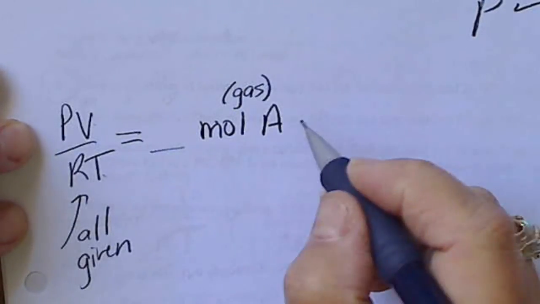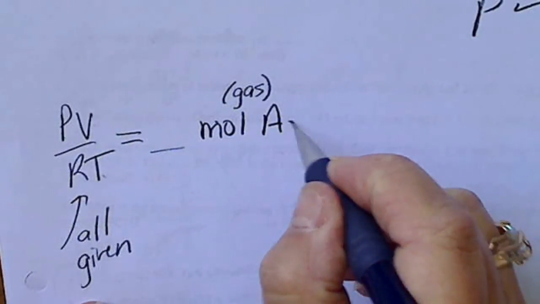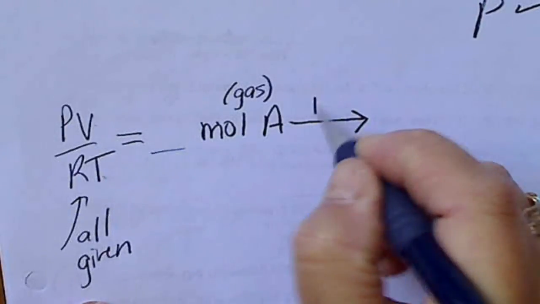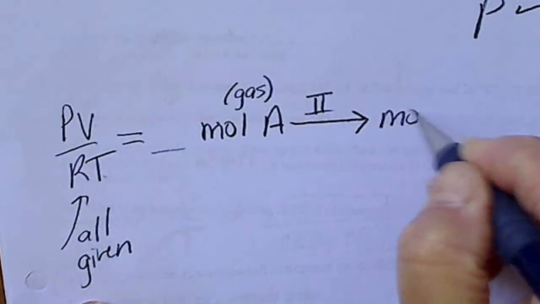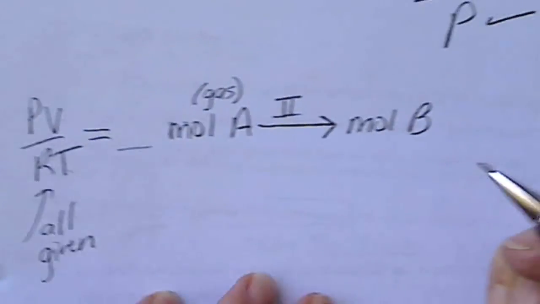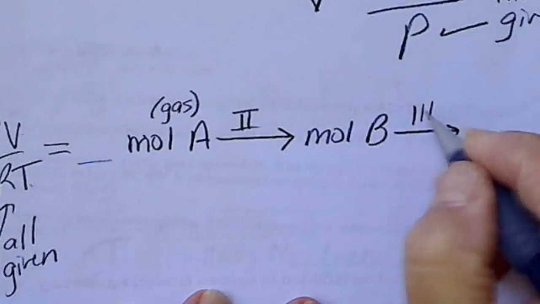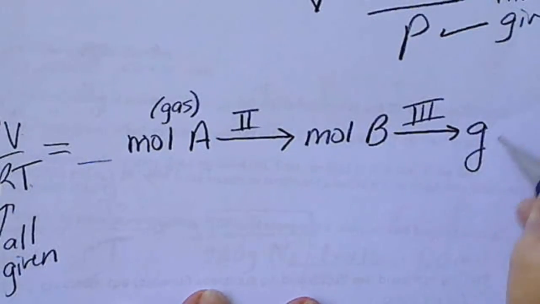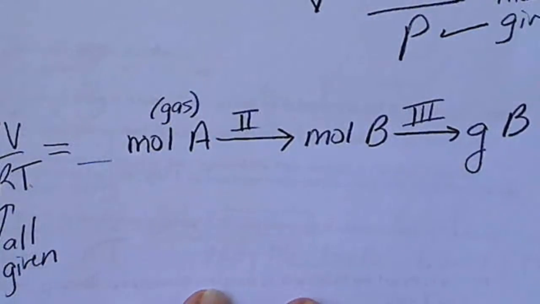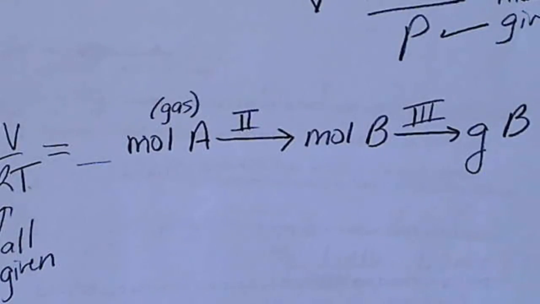So whatever that number is, we're going to go to the balanced equation and solve for moles of B. And then we're going to use the periodic table and the molar mass and do step 3 and solve for grams of B. So those are the only 2 variations that we're going to do using the stoichiometry map.